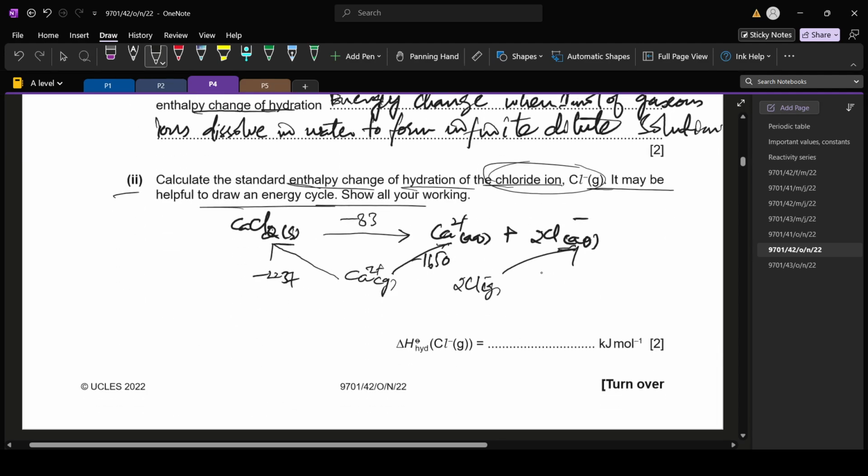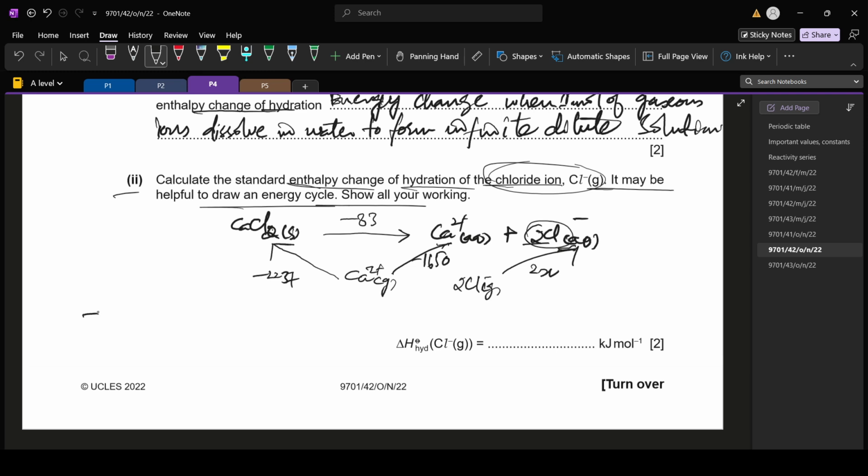And you have to find the standard enthalpy of hydration of chloride ions. So it will be 2x because there are 2 moles of chlorides. So you have to find the value of x.